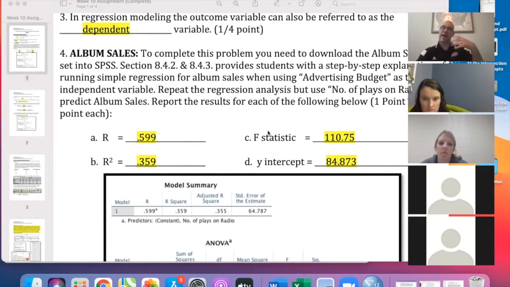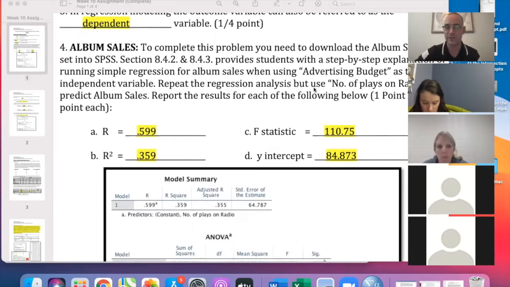So, for example, does advertising budget influence, does that lead to more album sales? And we would think so, yes. If we were working in marketing or advertising, we would think that there's a relationship between dollars spent on advertising and album sales. In this case, advertising is an independent variable that's predicting or leading to some sort of an outcome, in this case, album sales.